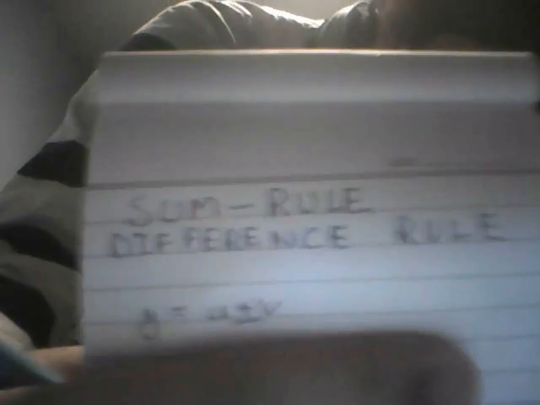It is said that differentiation respects sums and differences. So what do I mean by this? I mean that we are going to differentiate y is equal to u plus or minus v.